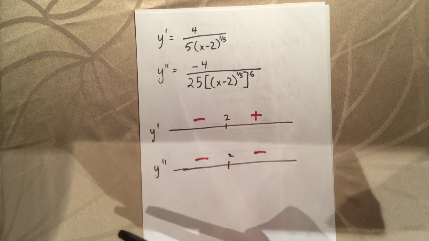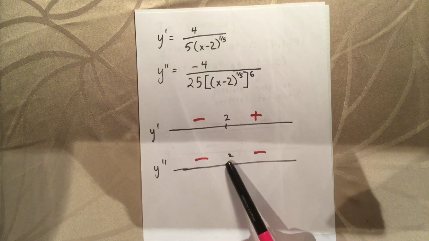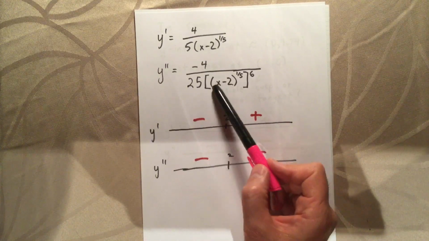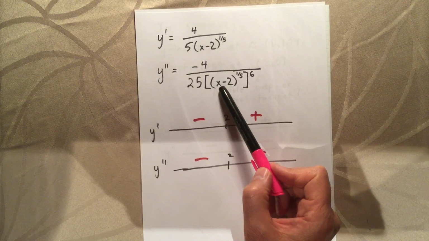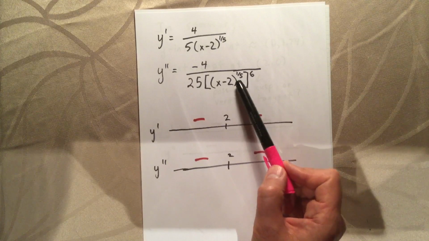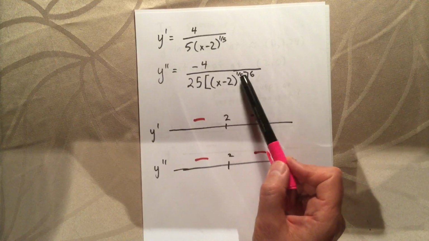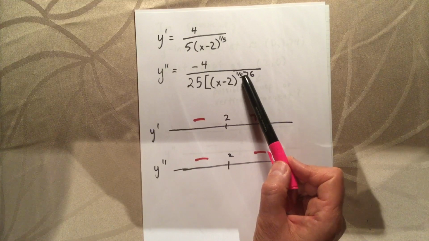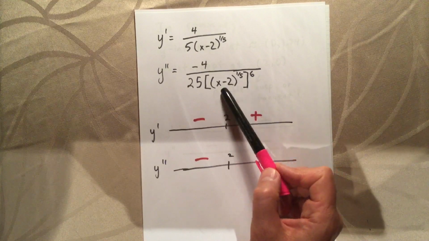Now let's look at y double prime. Suppose x is less than 2. Then x − 2 is negative. A negative number raised to the exponent 1/5 is negative, because it's possible to take the odd root of a negative.